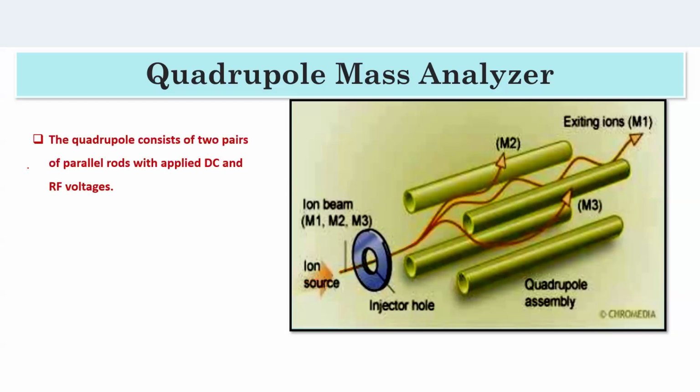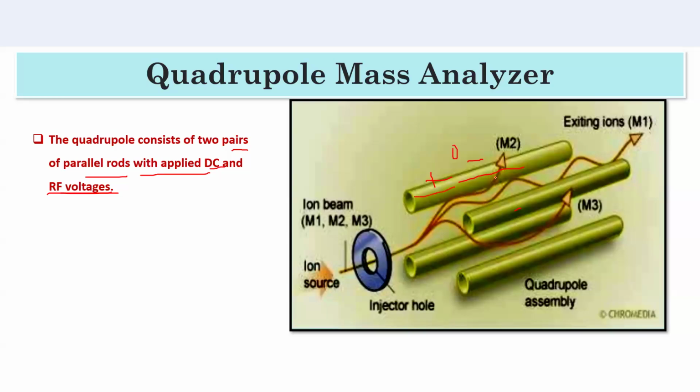The quadrupole consists of two pairs of parallel rods, and they have DC and RF voltage. RF voltage means radio frequency voltage, and that is for tuning. Sometimes the pole can be plus charge, sometimes minus charge, and sometimes neutral.